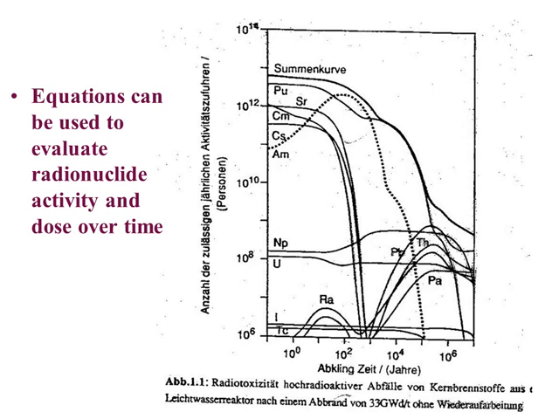One utility of all these equations is to evaluate radionuclide activity, or dose, over a period of time. Here's an example of a summation curve of different elements from radioactive waste. This is how their activities, which are converted into dose, change as a function of time.